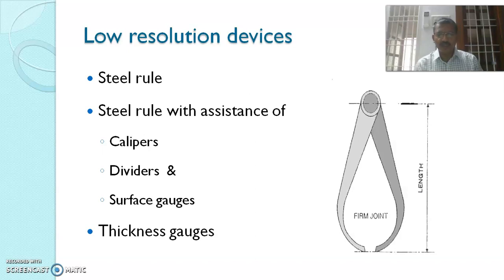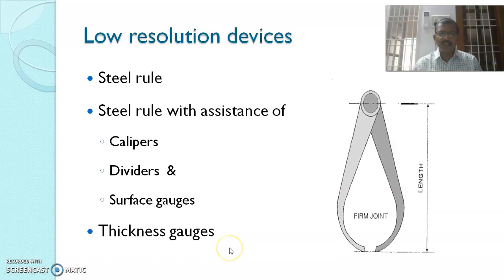So we have to use the calipers to measure the diameter of a cylindrical bar, and this diameter can then be read using a steel rule. Calipers, dividers and surface gauges provide indirect measurements.